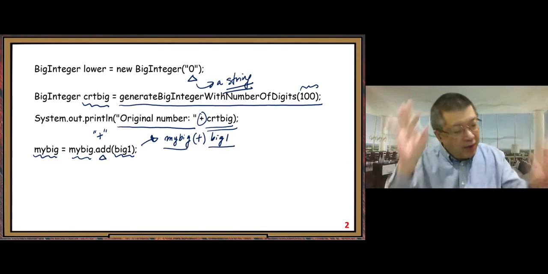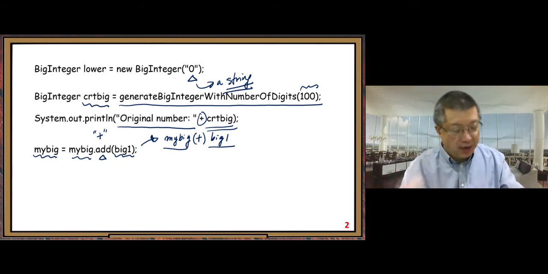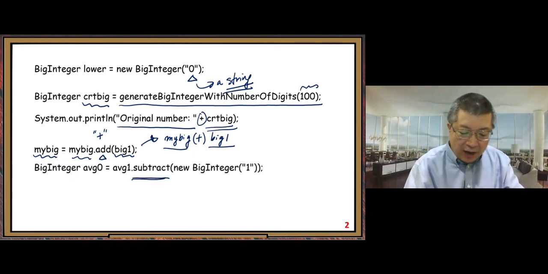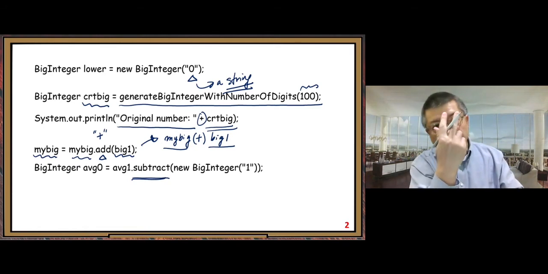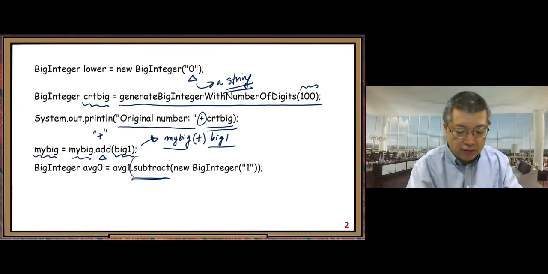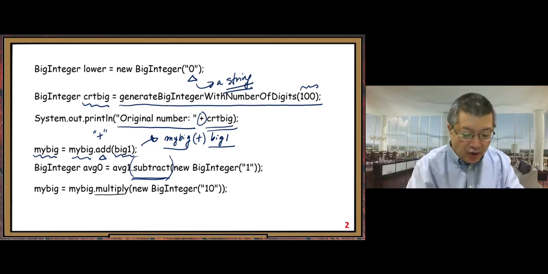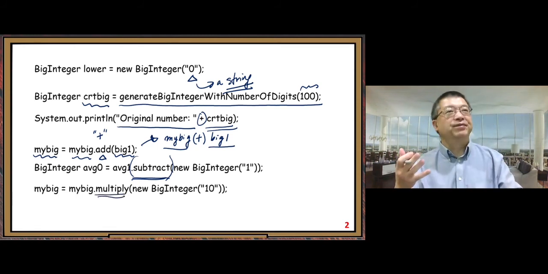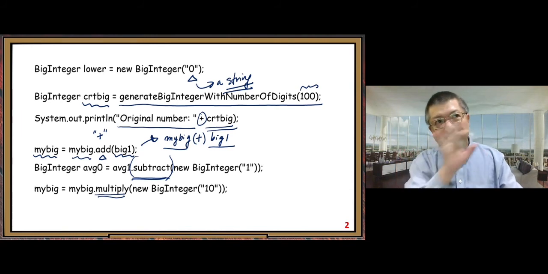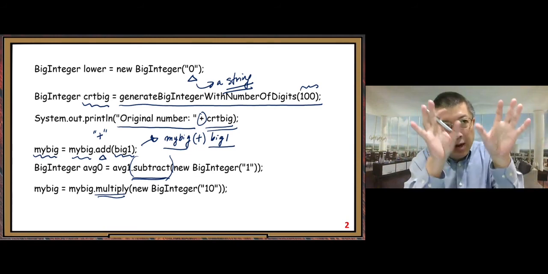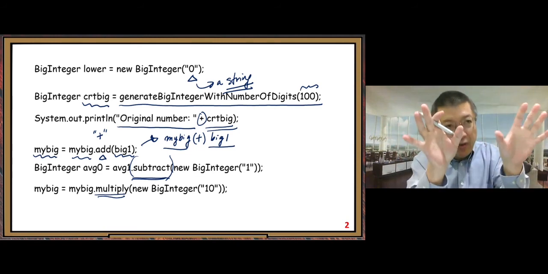Similarly, for other basic methods, you do the same way. For example, for subtract between two big integers, you call the subtract method. Multiply, you call the multiply method.